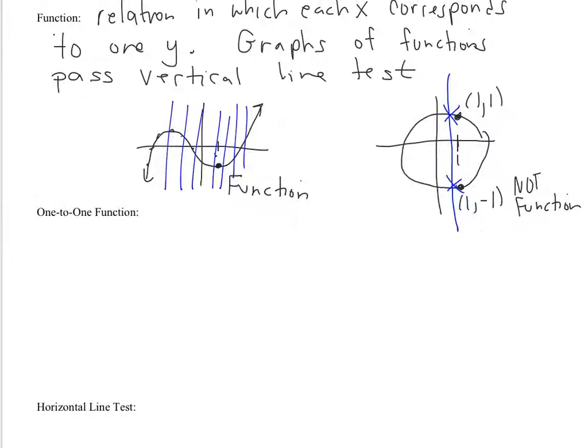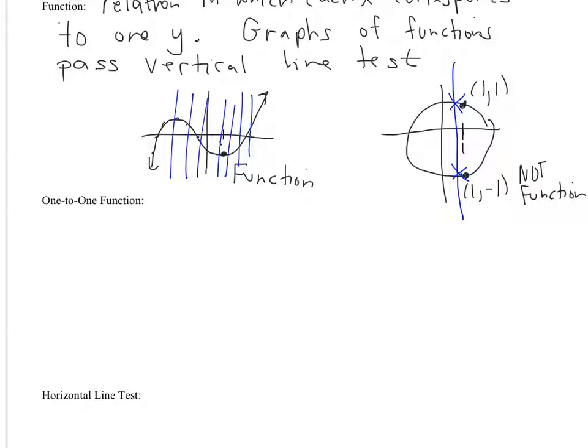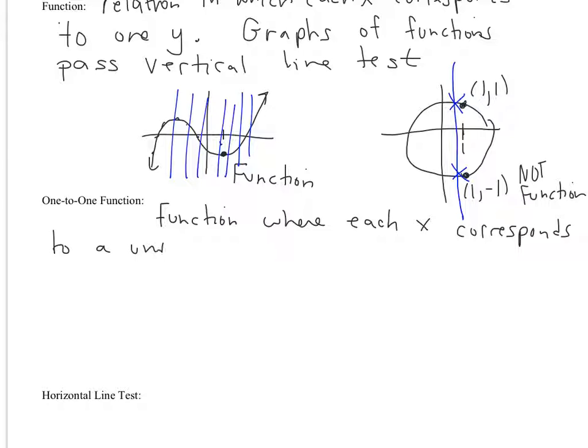So an extension of our regular functions is a one-to-one function. So a one-to-one function is going to be a function where each x corresponds to a unique y. So no other x can be with that y.